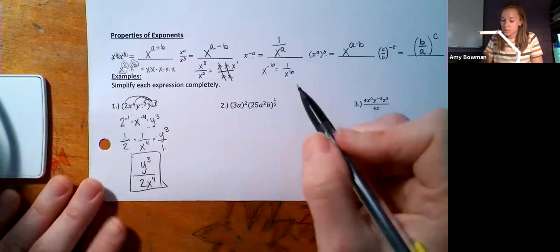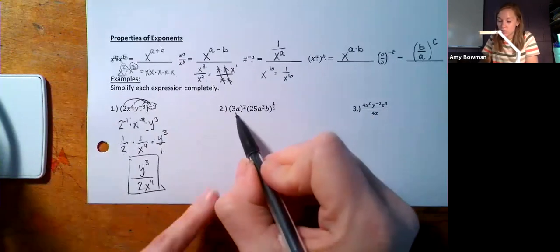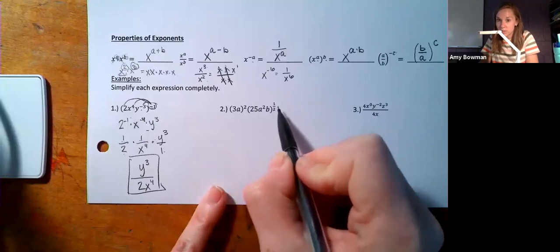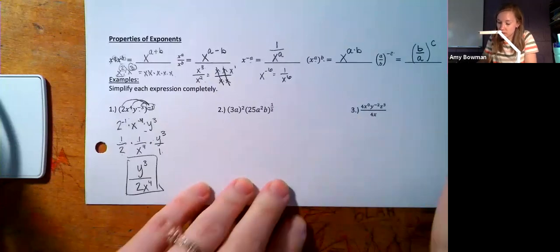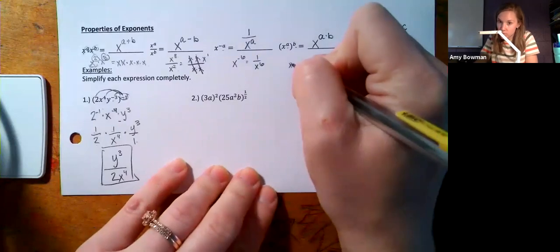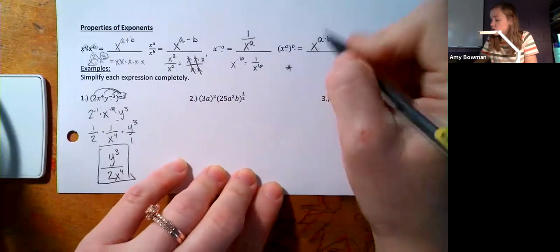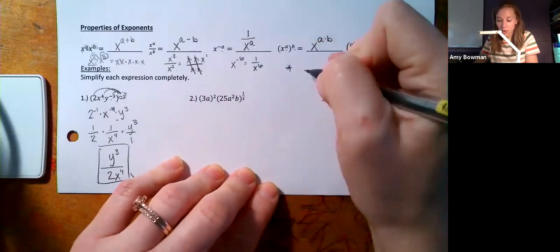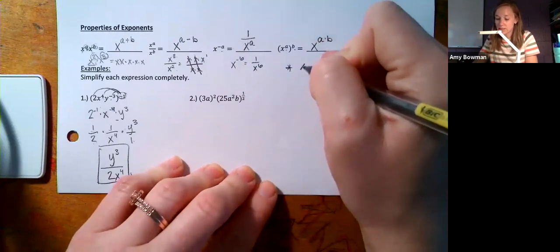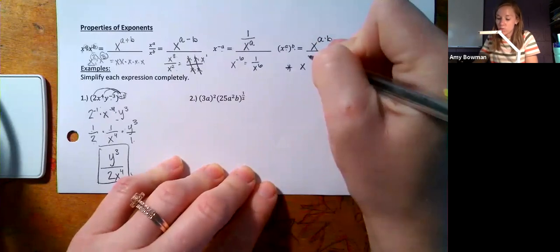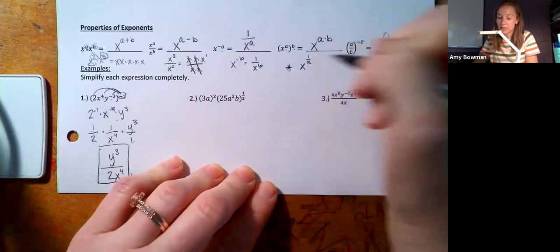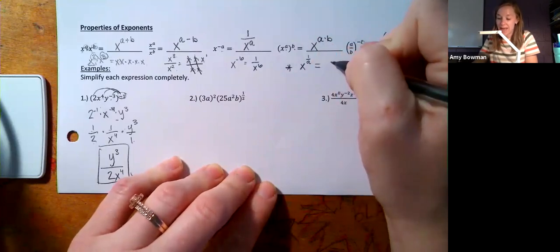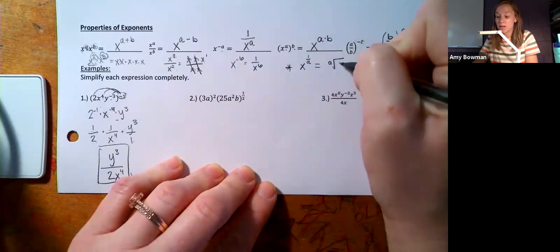All right, so the next one, I have a whole bunch of stuff going on here. First, I have this set of parentheses squared, and then this set of parentheses raised to the 1/2. That's one I actually forgot to show you, so I'm going to include one extra property here. Something raised to a fractional exponent, like x to the 1 over a, is the same as the a-th root of x.